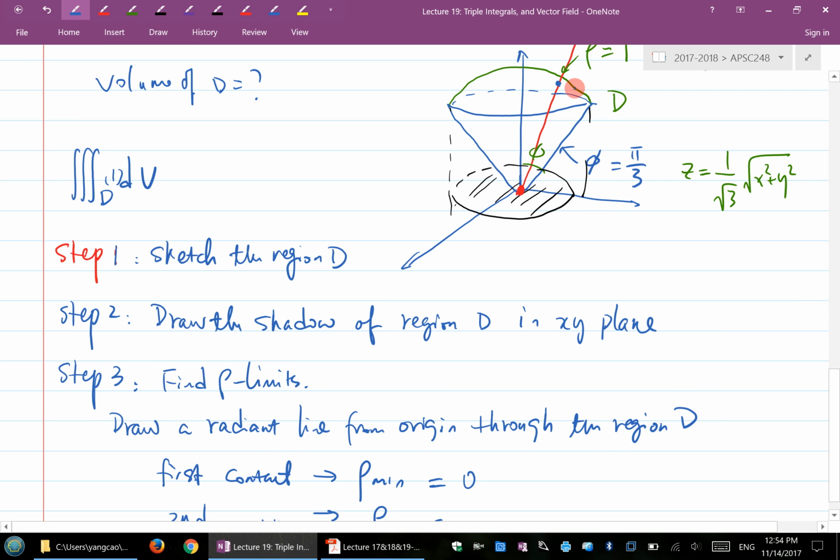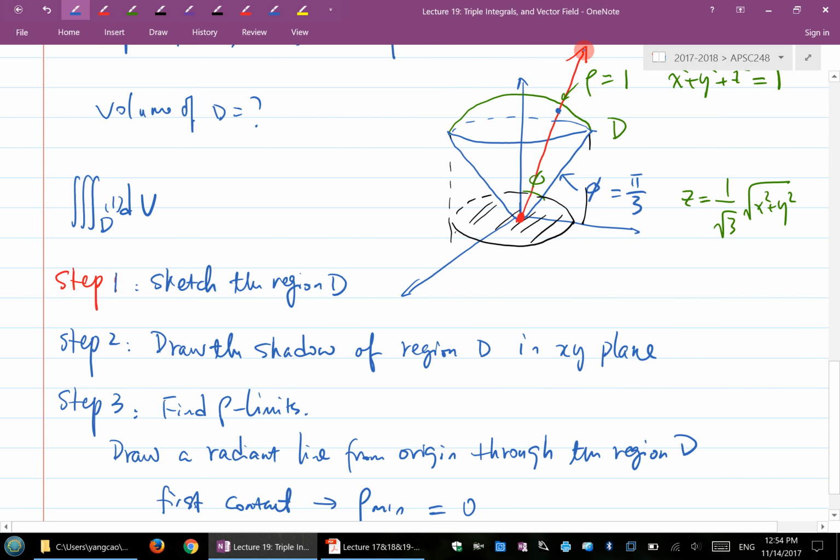Now rho max, sometimes you have to be careful. If you draw it here or draw it there, is there any difference in terms of the rho max? You have to know that this distance from here to here is your rho max. No matter where you draw, it's an arbitrary sketch here.